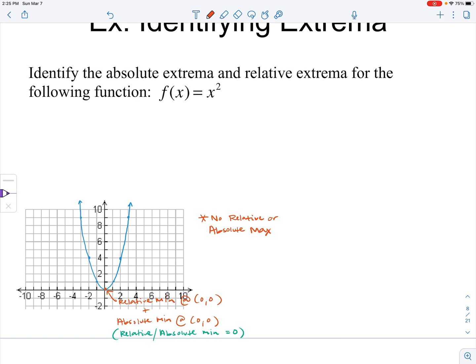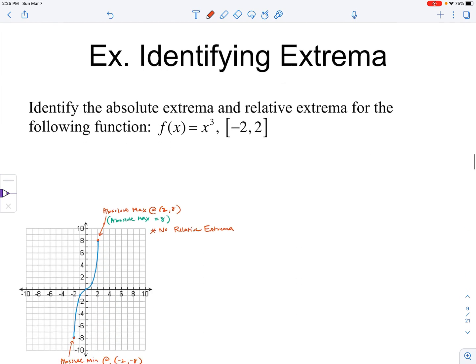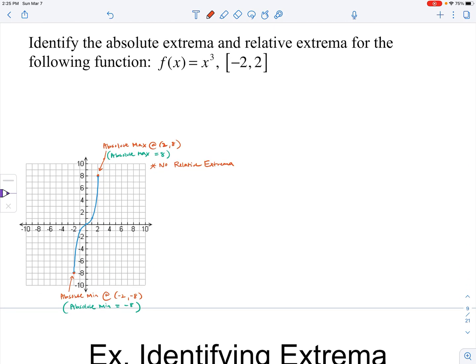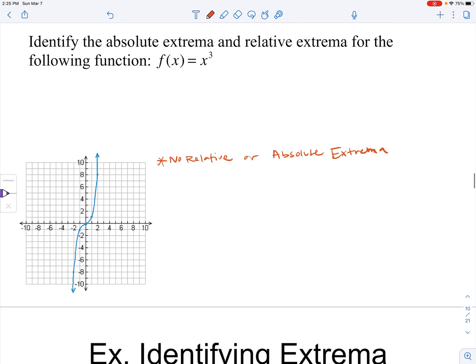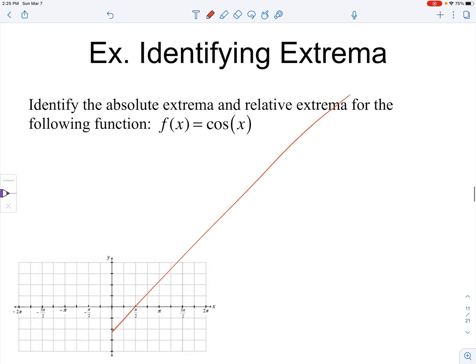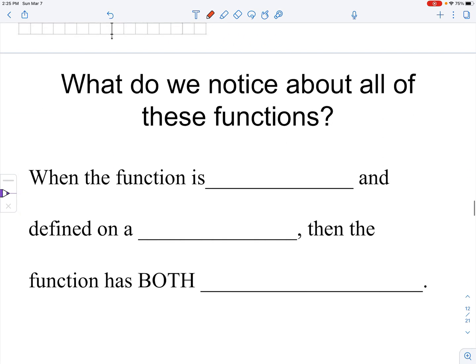For x squared defined for all real numbers, we only had an absolute min, no absolute max. x cubed defined from -2 to 2, we had both absolute min and max. Then x cubed defined for all real numbers, we had no absolute extrema.